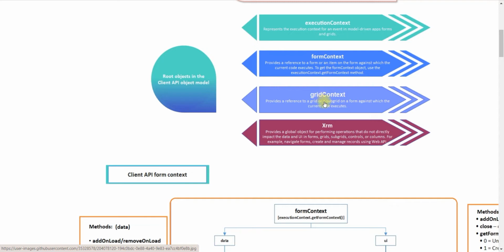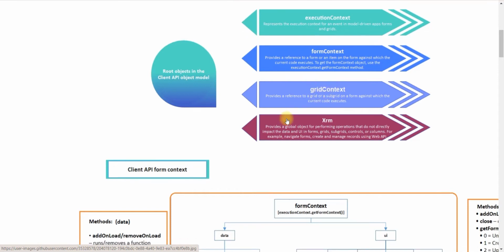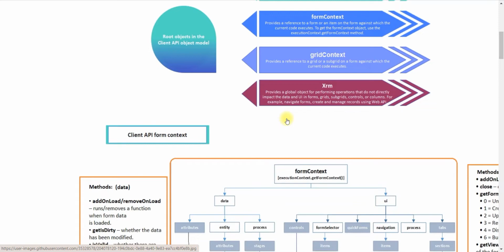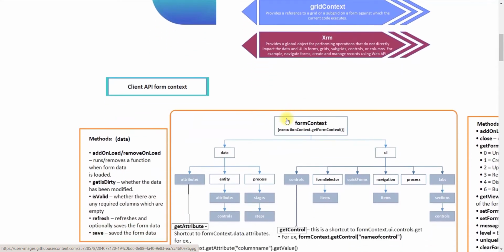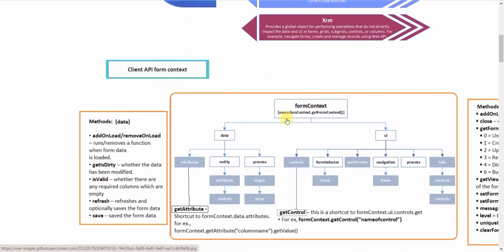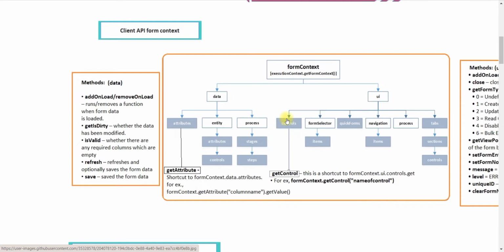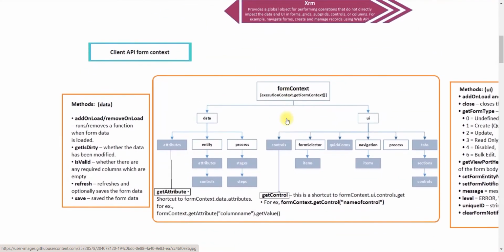If inside a form we have a grid, all the grid-related information will be in the grid context. And Xrm covers things like UI, navigation, controls, record items, or if you want to call any web API, all of these will be under Xrm.